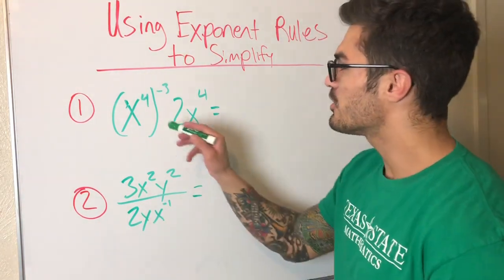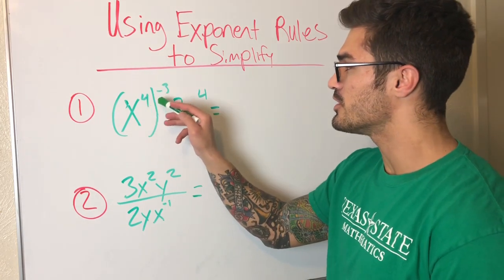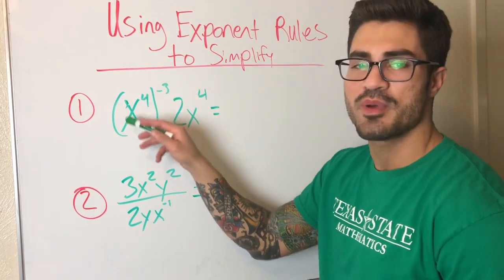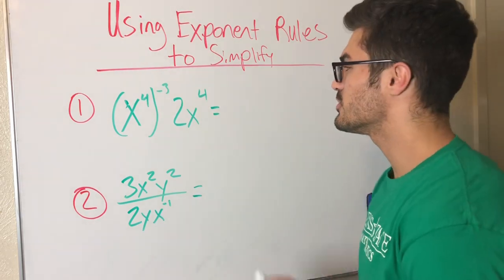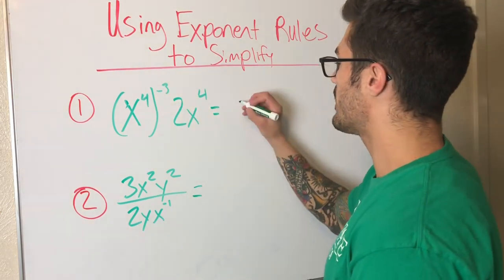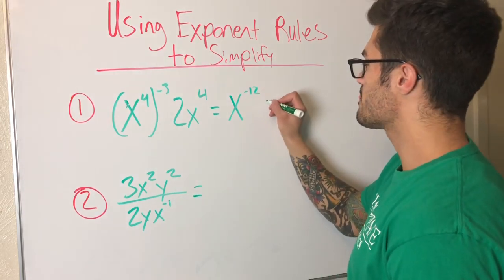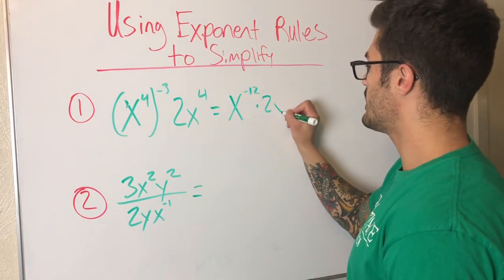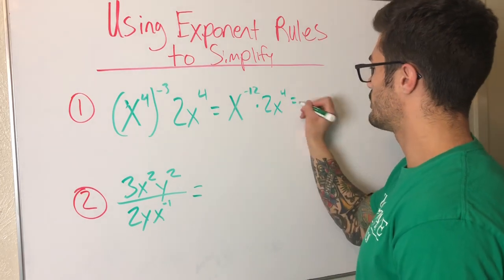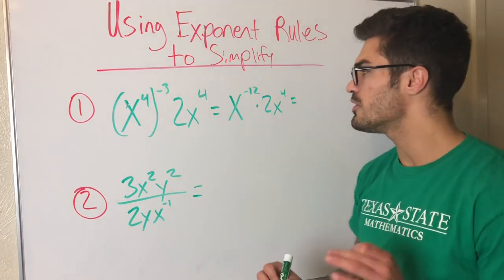Okay, so first I'm going to multiply these powers because I have a power to a power. So I'm going to use that law where I multiply the powers, and I'm left with x to the negative 12 times 2x to the fourth. Now you can do one of two things.